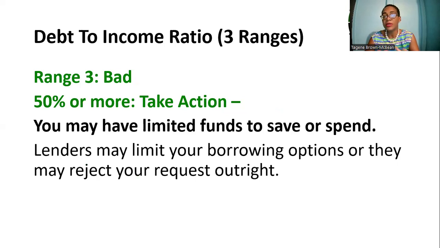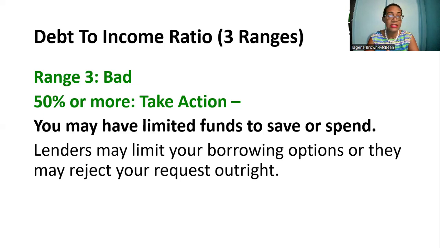So when you do the calculation, you divide your total monthly payments for your loans and your credit cards. You total it, and you divide it by your gross monthly income, and you multiply it by 100, and you get 50% or more.